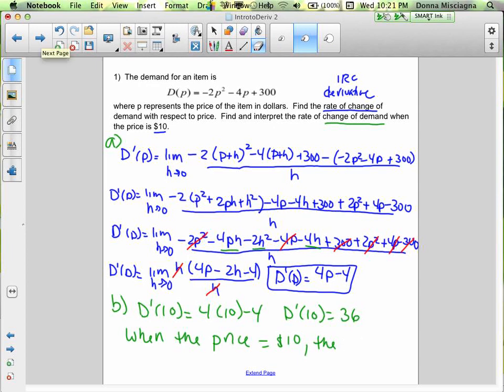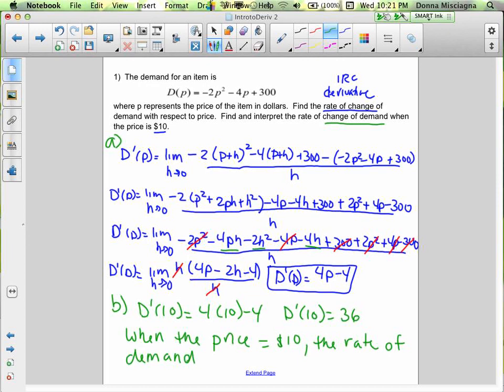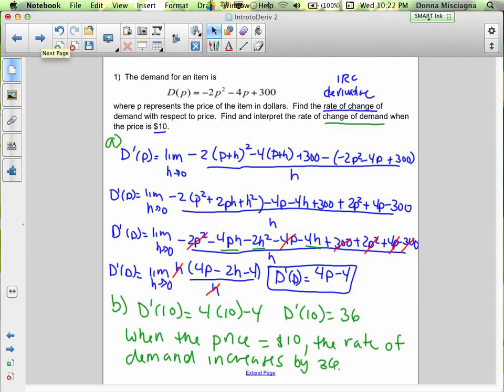So the rate of demand increases by 36. Right? So that's our slope of our secant line. So we have an increase of 36 when our price is $10.